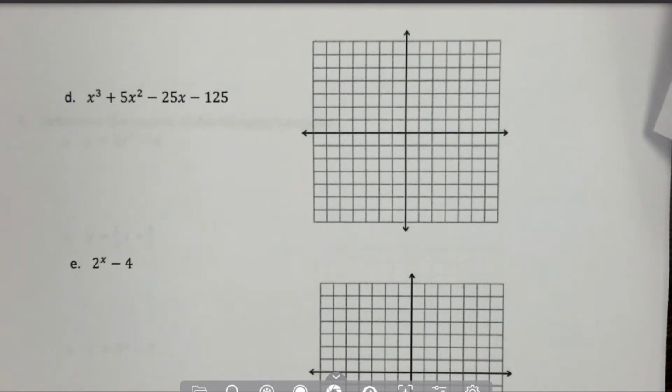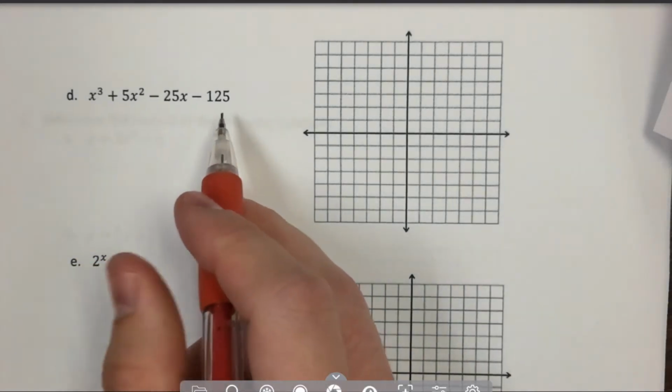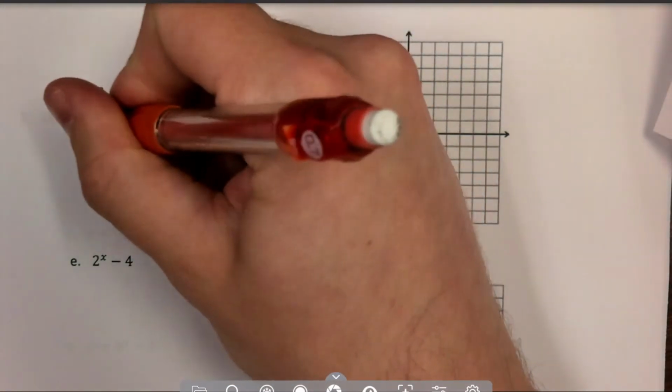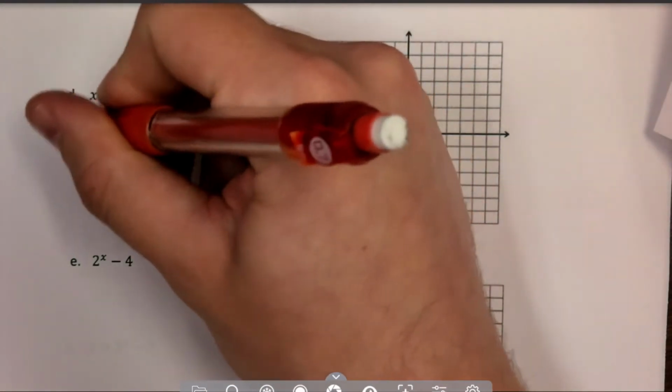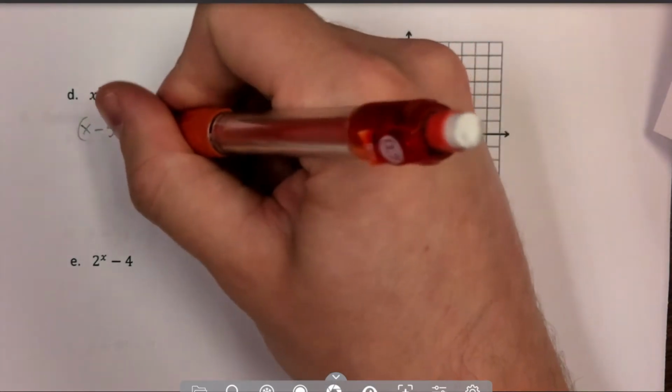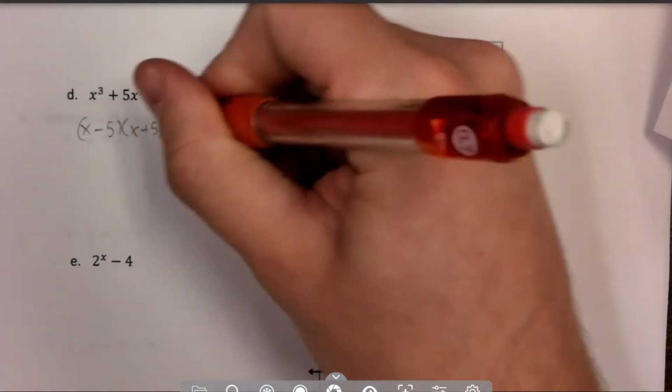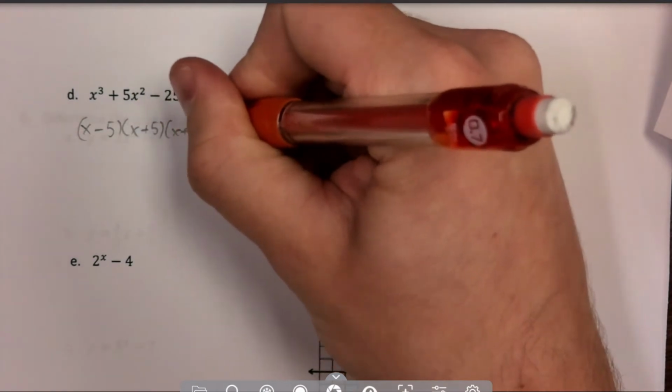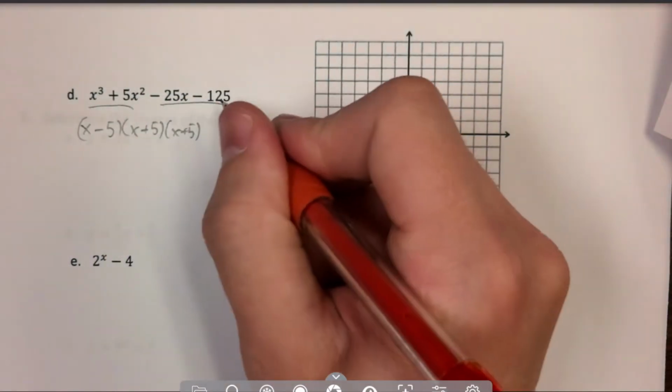All right, getting into the next problem here. Now, maybe you noticed this is actually that same polynomial that we factored before, where we factored that by the factor by grouping method.